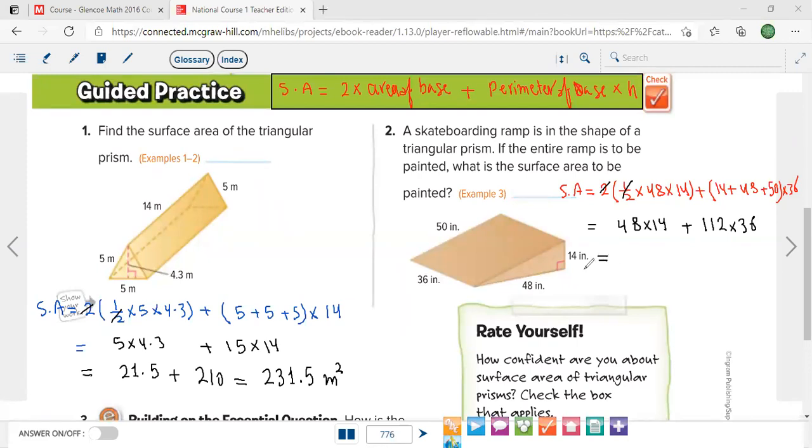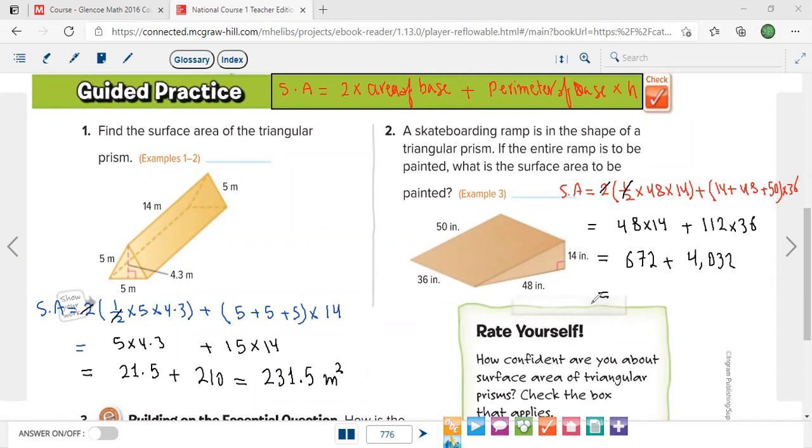48 multiplied by 14, 672. 112 multiplied by 36, 4032.